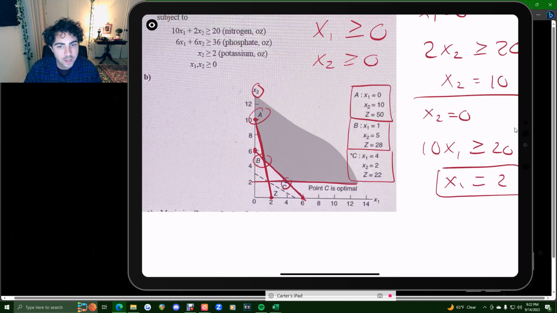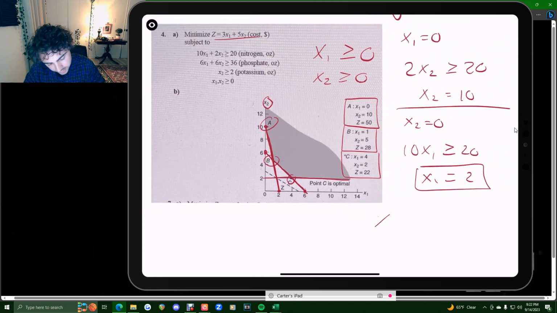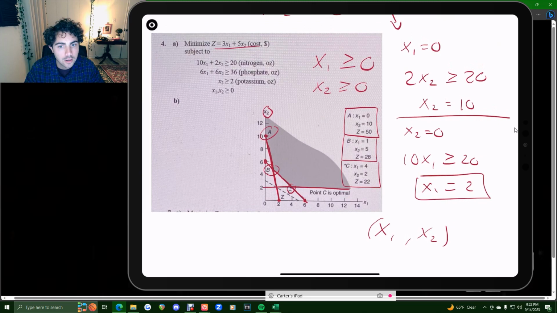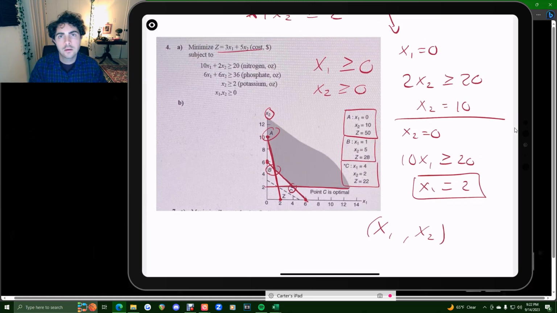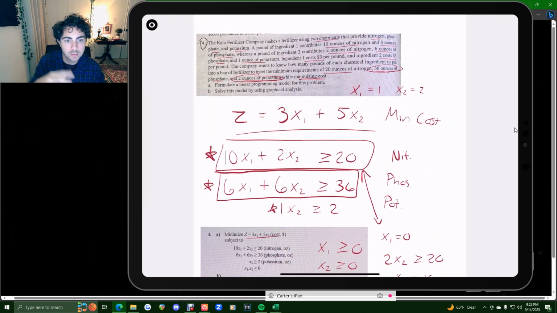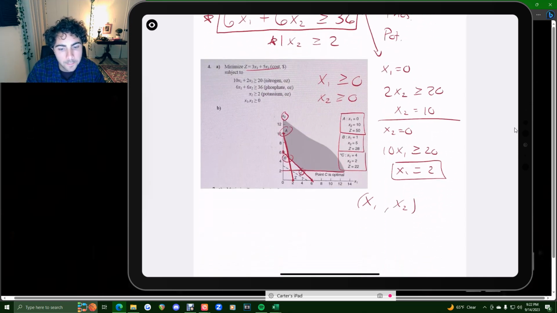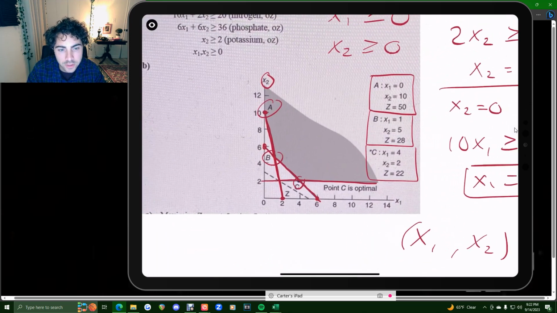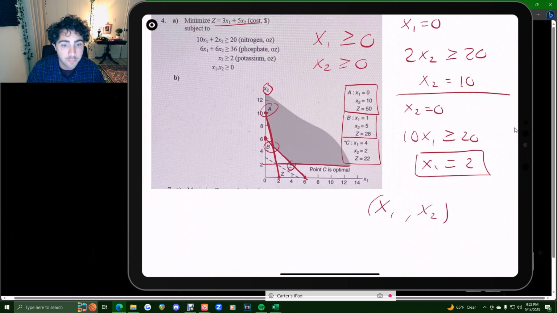So there are points in the form of like x1 comma x2, just like x comma y. They're ordered pairs, and they are special ordered pairs that are like potential locations of where the cost will be at a minimum, or anytime you're doing this problem, you're looking for a max or a min. These points are like your special critical points where you might have a max or a min.